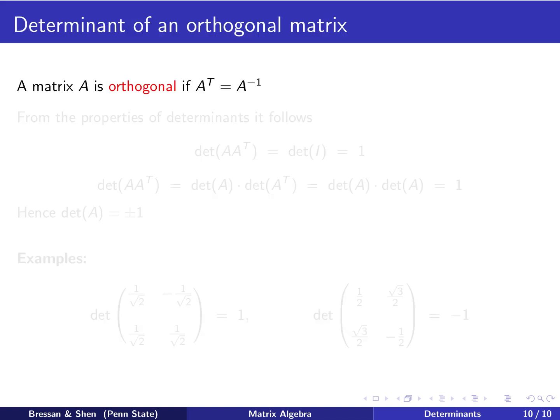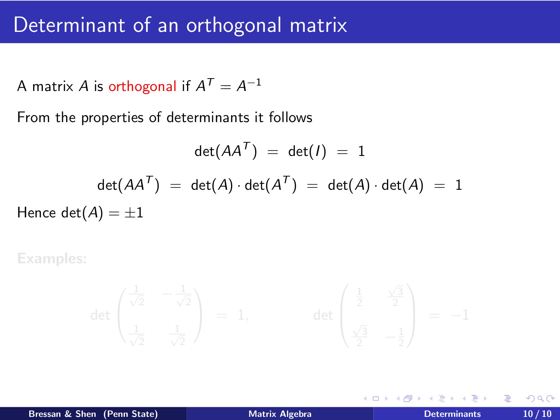So we have learned already about this special matrix we called an orthogonal matrix. So we recall the definition. A is orthogonal if A transpose equals A inverse. So what about the determinant of such a matrix? Okay, so we can use all these properties that we have learned already.